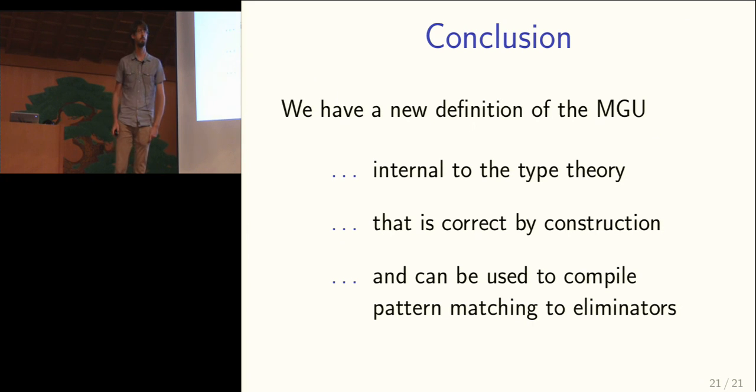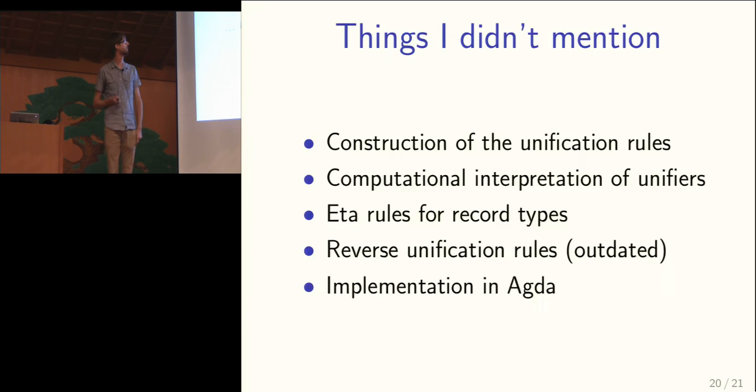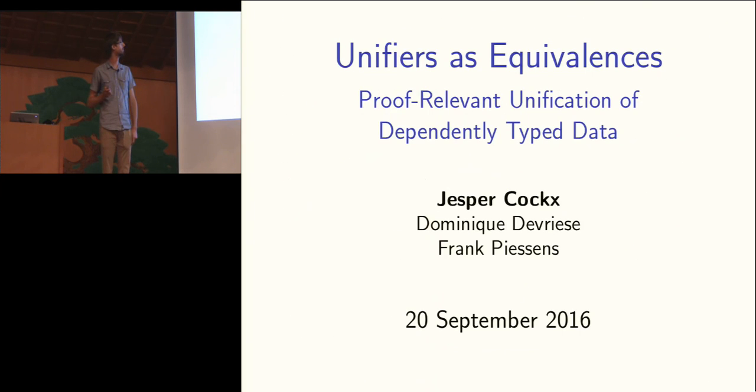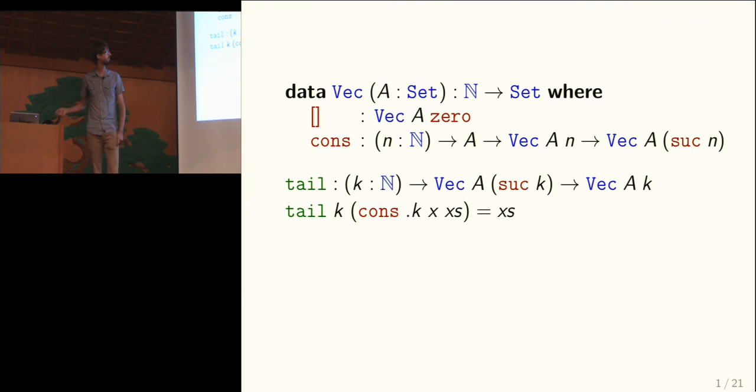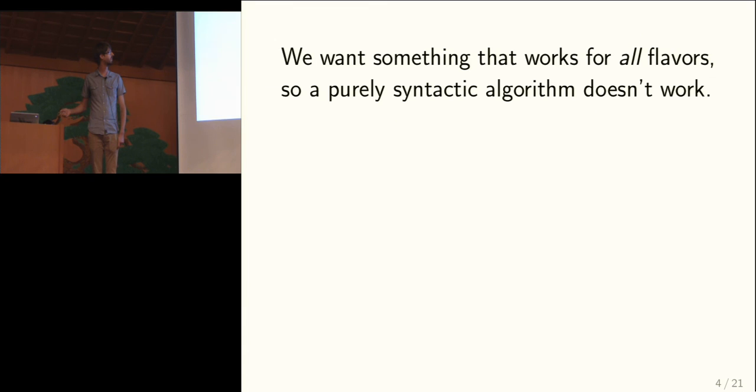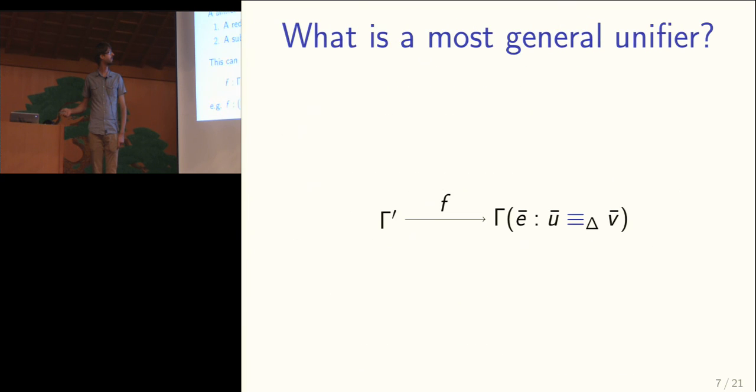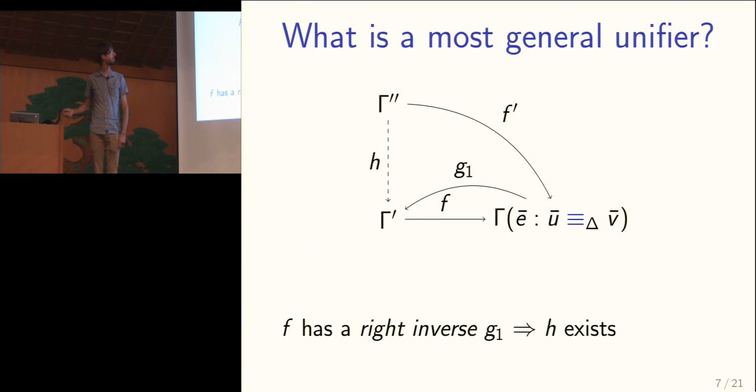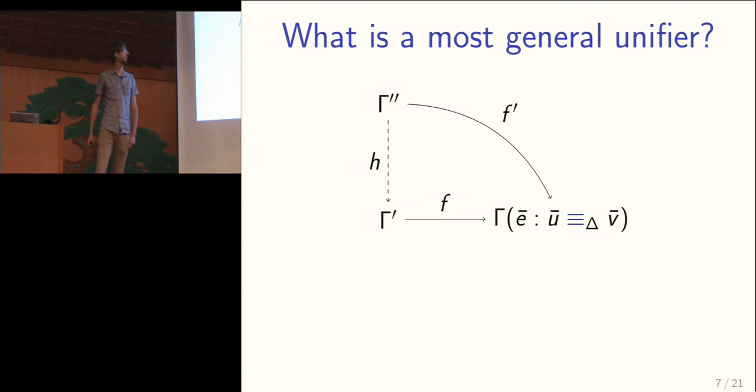That's a good question. Talking about this picture, you're saying you could have a permutation of gamma prime and it would be a different most general unifier.